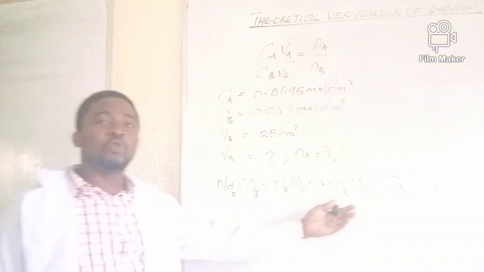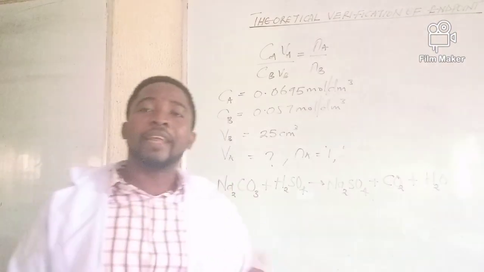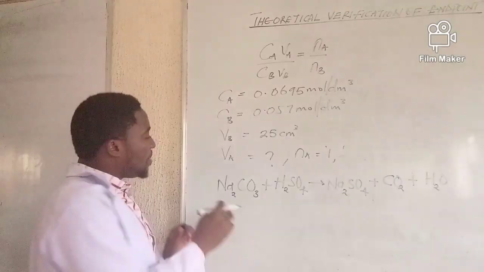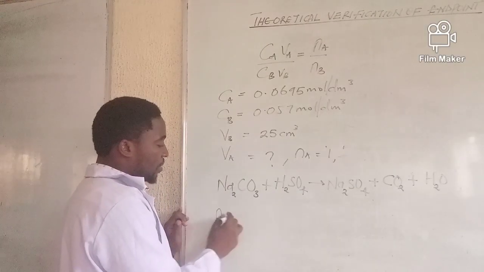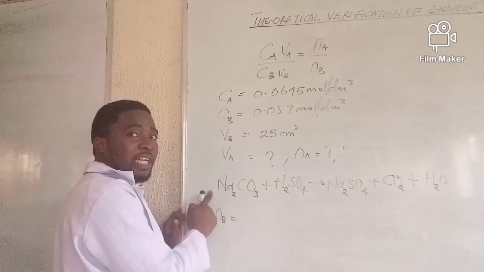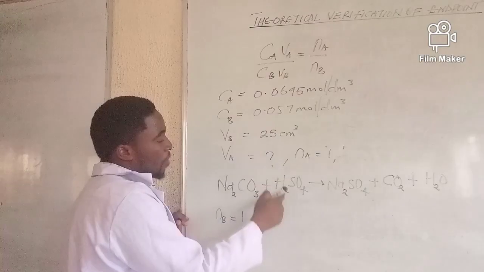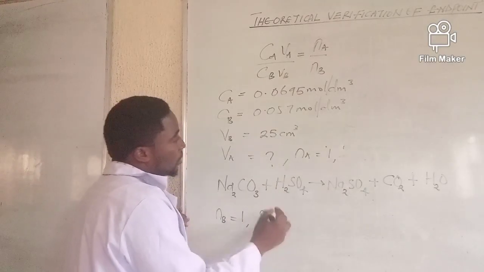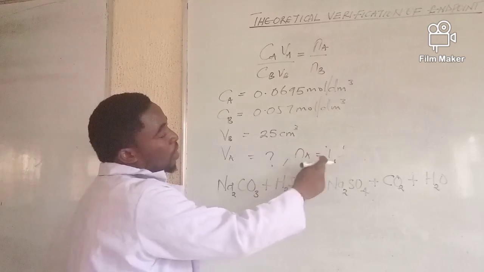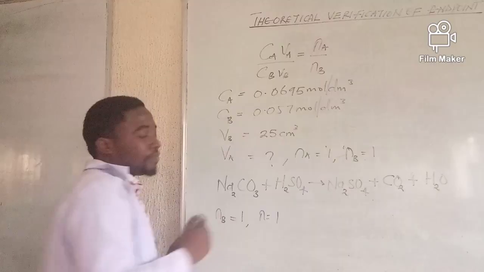If you check the equation of the reaction now, you discover that the equation is already balanced. I can simply pick out the mole ratio of the base, which is NB, by looking at the coefficient of the compound here, that's 1. And then I'll pick out the coefficient of the acid here, which is also 1. So that's how I got NA to be equal to 1 and NB to also be equal to 1.